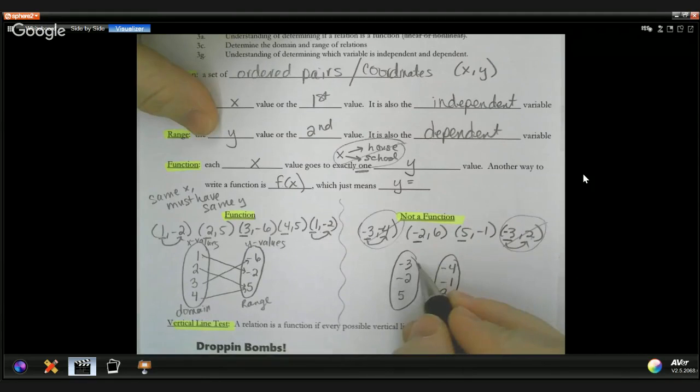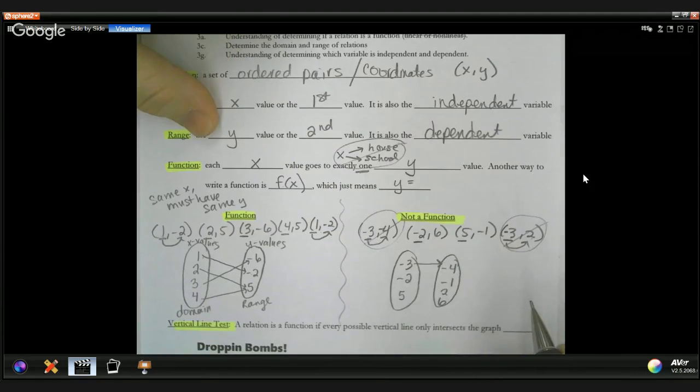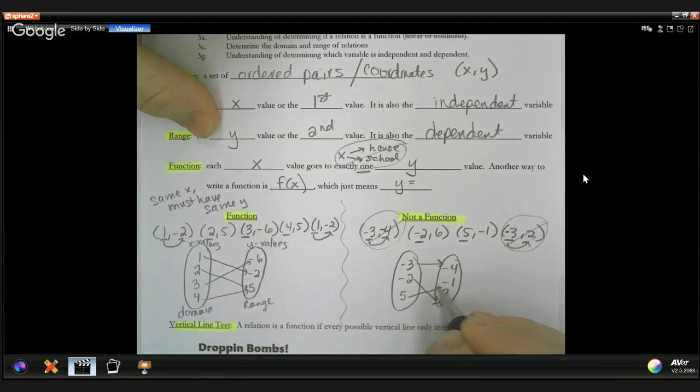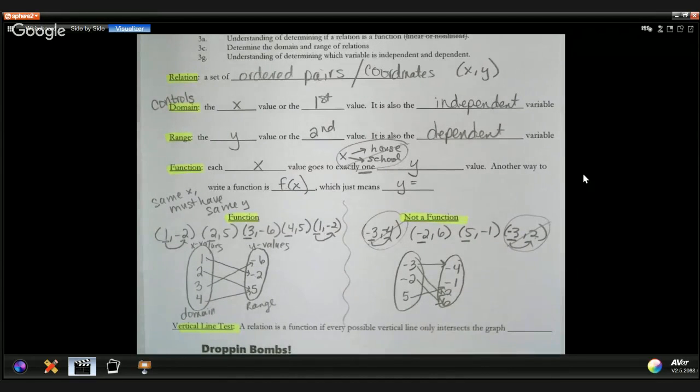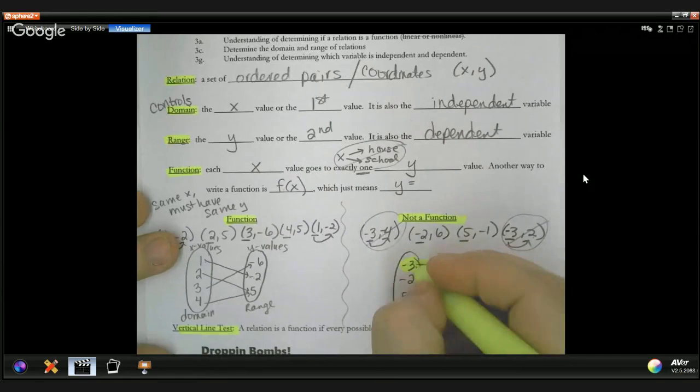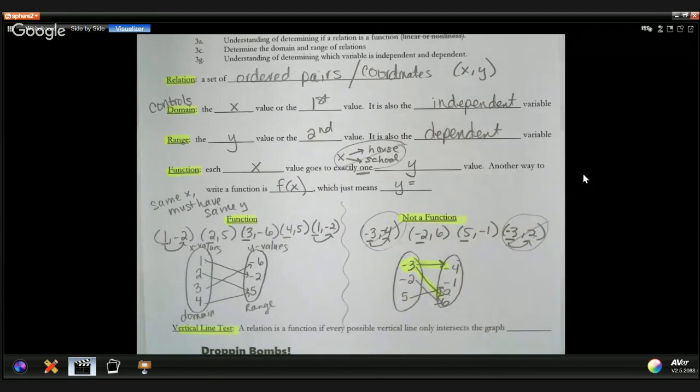And so 3 goes to -4, 2 goes to 6, 5 goes to -1, and then 3 goes to 2. -3 goes to 2. So you notice here, you see how this guy's going to 2 places? You can't do that. So that's what makes it not a function.